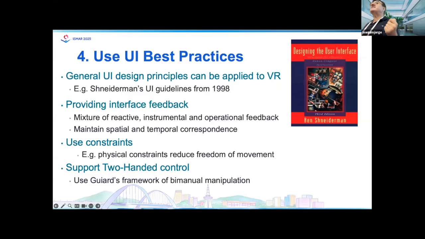How can you explore this? First thing, most people tend to develop user interfaces focused just on one hand and a limited set of motions. Once you start using both hands, you can extend the range of tasks that people can perform with ease.